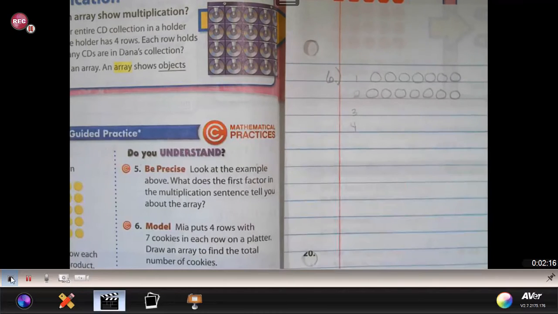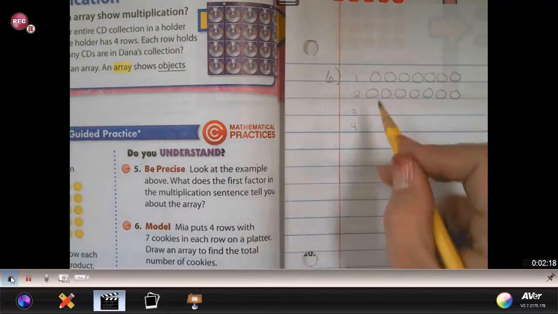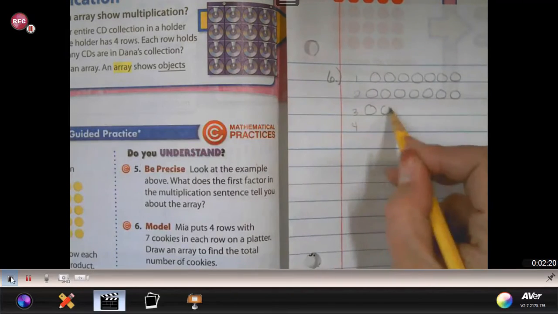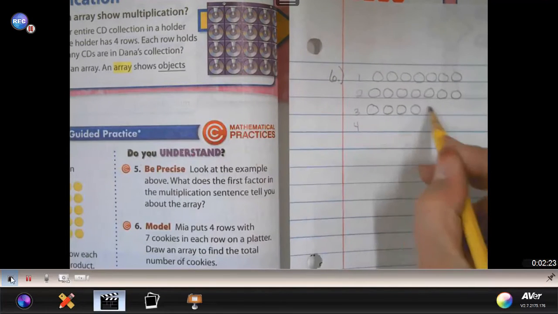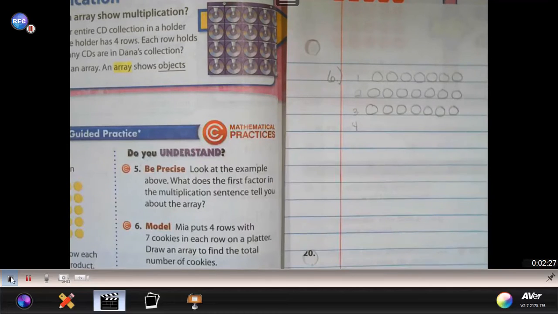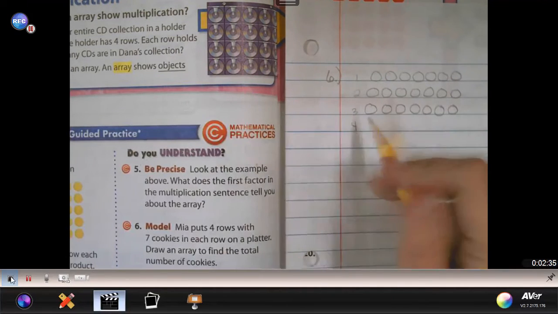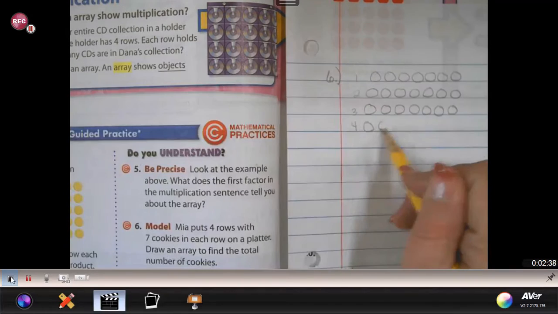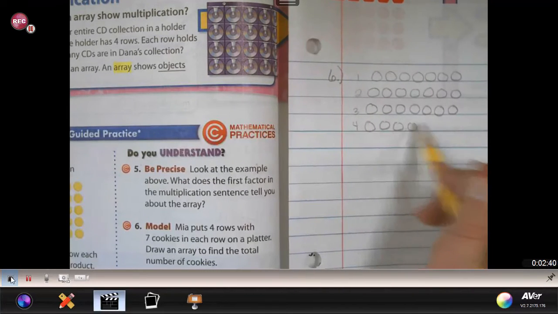So that's 7 cookies in the second row. Seven cookies in the third row, and notice how I'm keeping them even here, so that way I make sure that I'm always putting 7, and 7 in the fourth row.